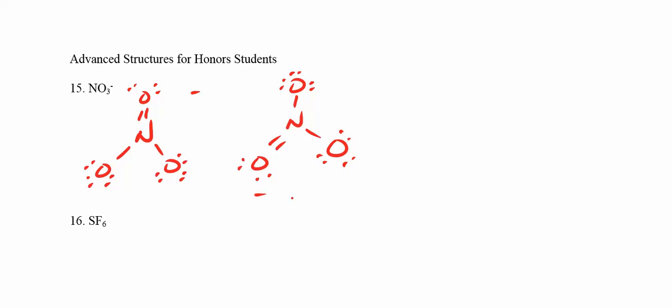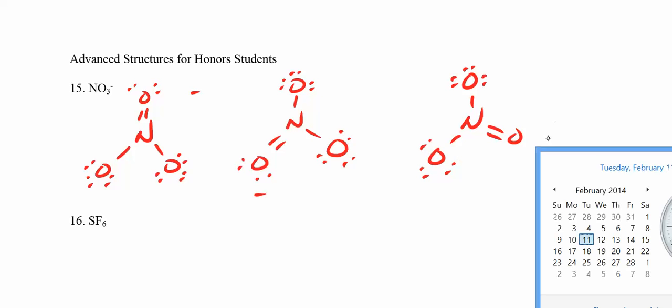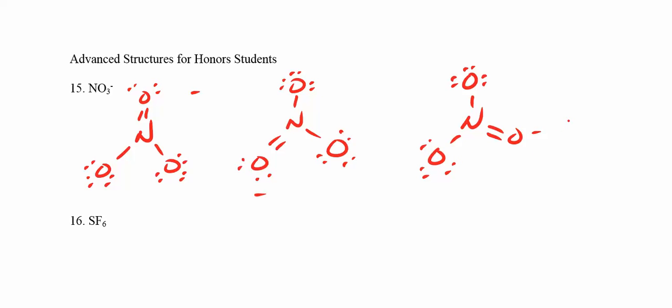And then I'm going to ask myself the question, well, that's possible, that looks good, but why couldn't it have been this? Why couldn't it have been the nitrogen in the center, just like that, and the double bond on this oxygen like this? Why isn't this possible? And the answer is, it's very possible, right? There's nothing wrong with that.